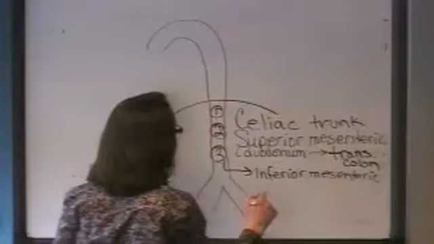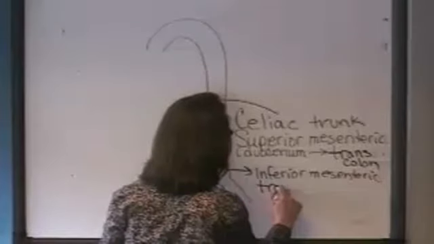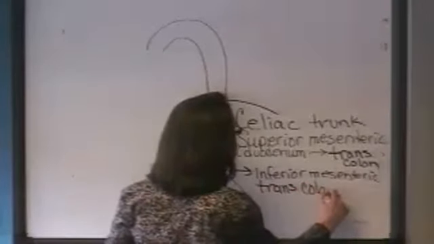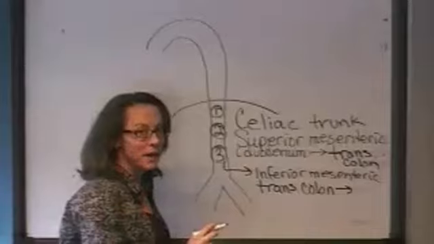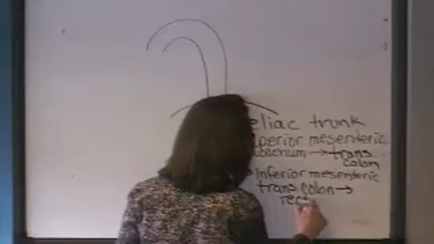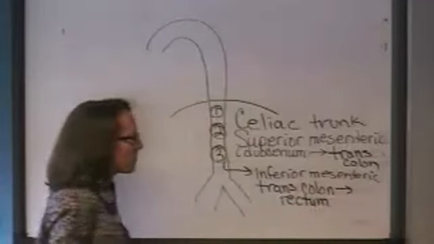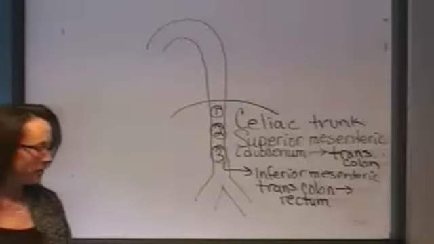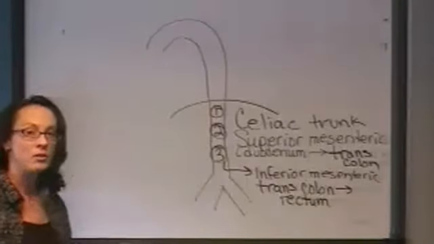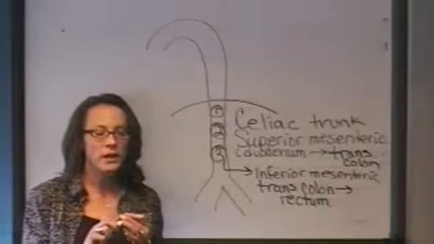So inferior mesenteric is going to go from transverse colon all the way to rectum. This will hit all of the organs that are in the abdominal cavity, these 3 branches.